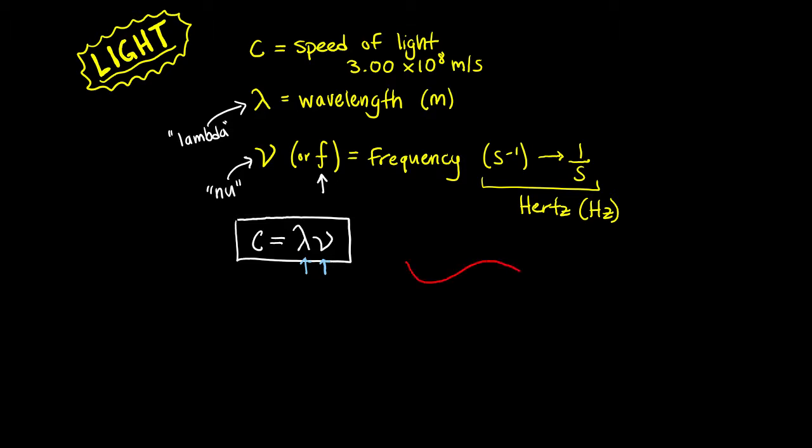Red light has a relatively long wavelength in the visible spectrum compared to blue light. Wavelength is the distance between one crest and the next crest, or one trough and the next trough. Crest to crest, this would be the wavelength, from one peak to the next. For blue light, you can see that the distance from one crest to the next crest is much smaller.